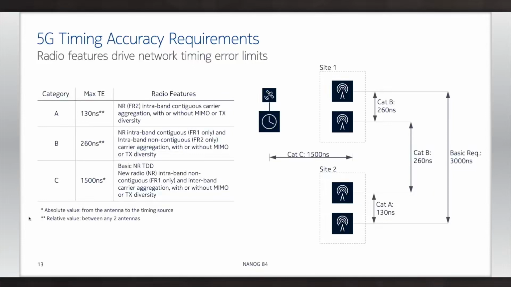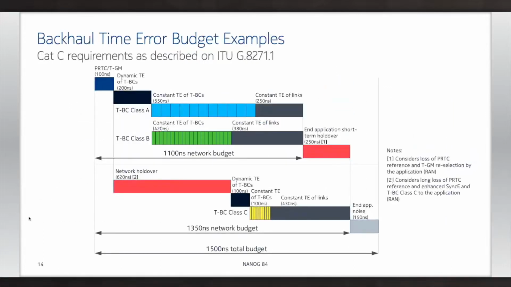Now, how can we budget for that time error? This next slide is directly taken from ITU G.8275.1, which shows the performance for, in this case, full timing support, FTS. This is the case for backhaul only.